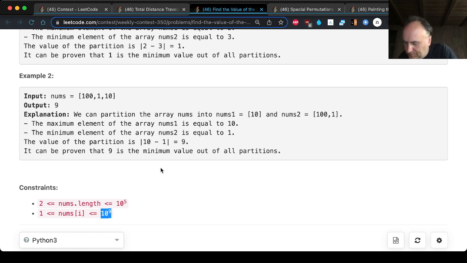Oh, so I do prefix min. Wait, prefix min. Prefix max. Suffix min, suffix max. So then what do I have?